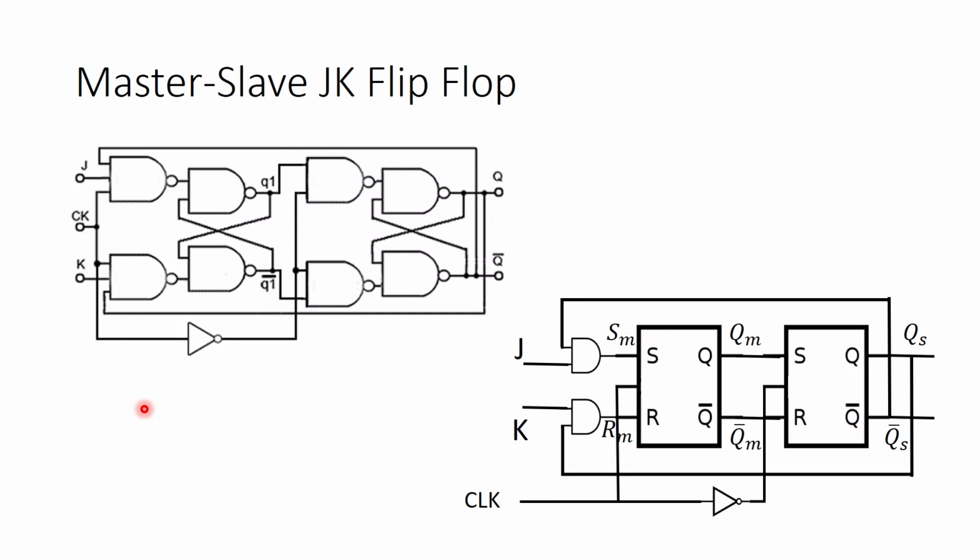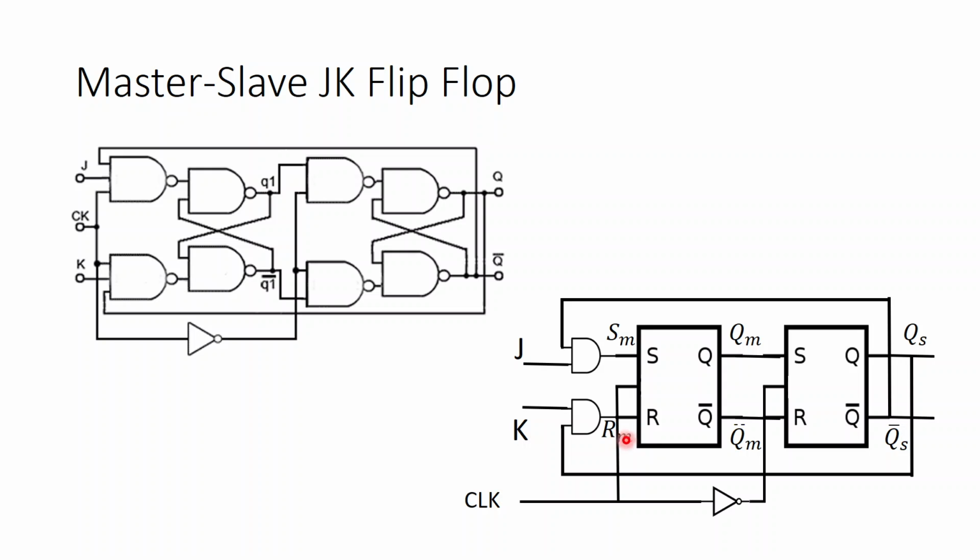It is simply that you are basically tying up two JK flip flops, or for that matter, if you look into the block diagram, this second picture, two SR flip flops you are connecting in series, and the JK inputs are coming to the input of the first SR flip flop, which is called the master SR flip flop.